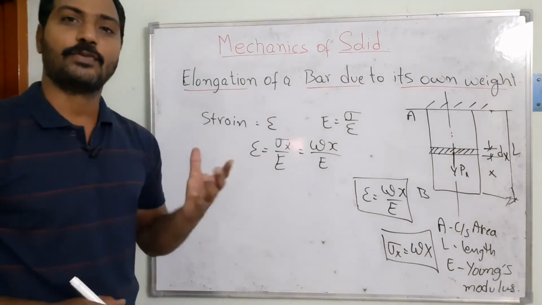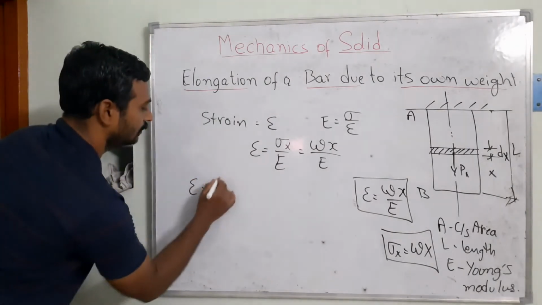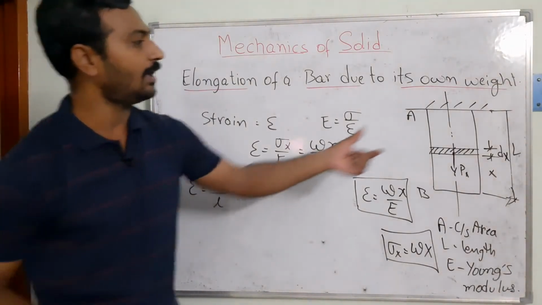Now I am going to write the strain in terms of the dimensional parameters. The strain is equal to del L by L. But now we are taking only the elemental strip length.